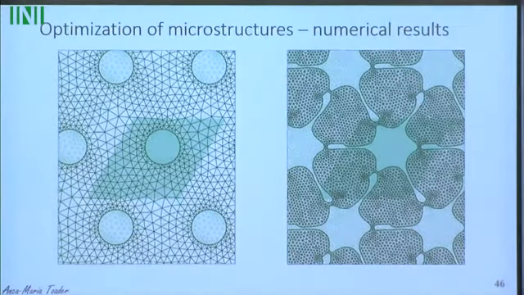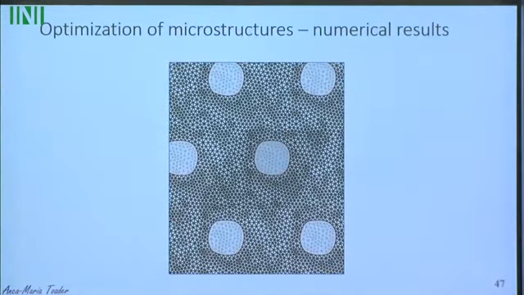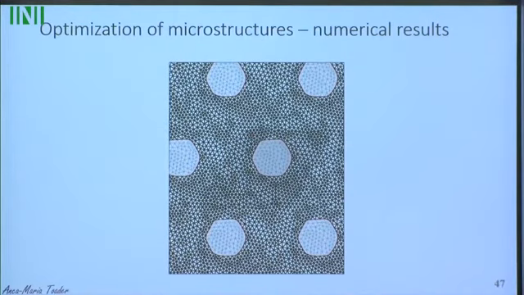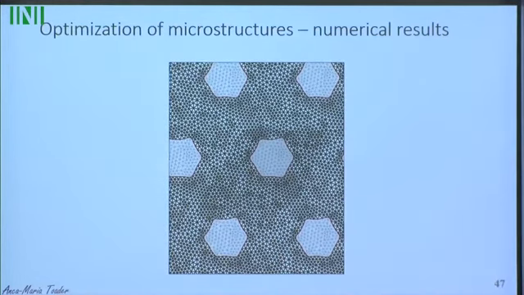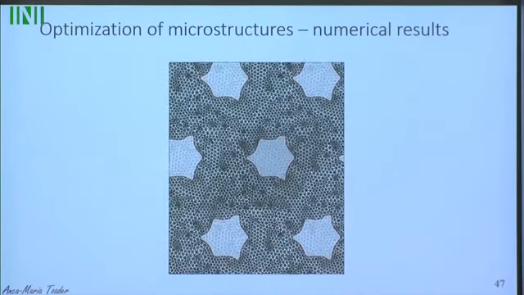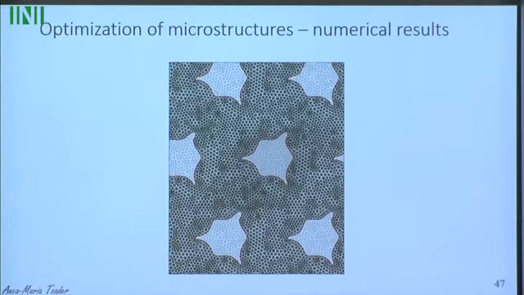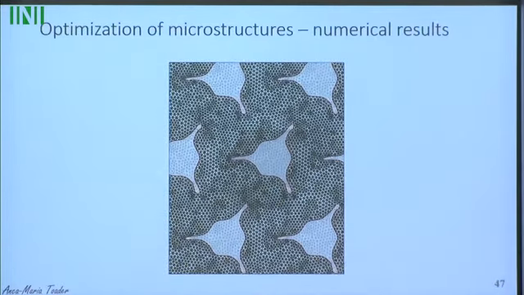Here's another example with a 60-degree cell, and here is what we obtained. I think I have here an animation to understand how the optimization process makes this hole have that strange aspect.